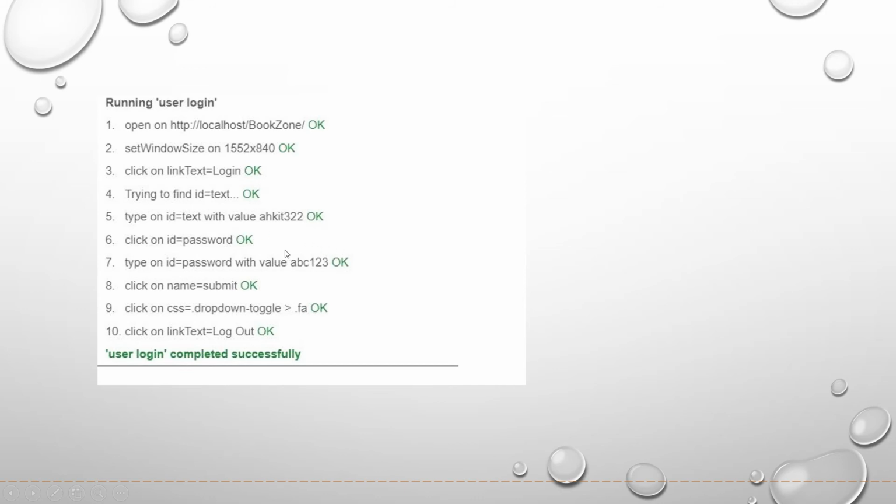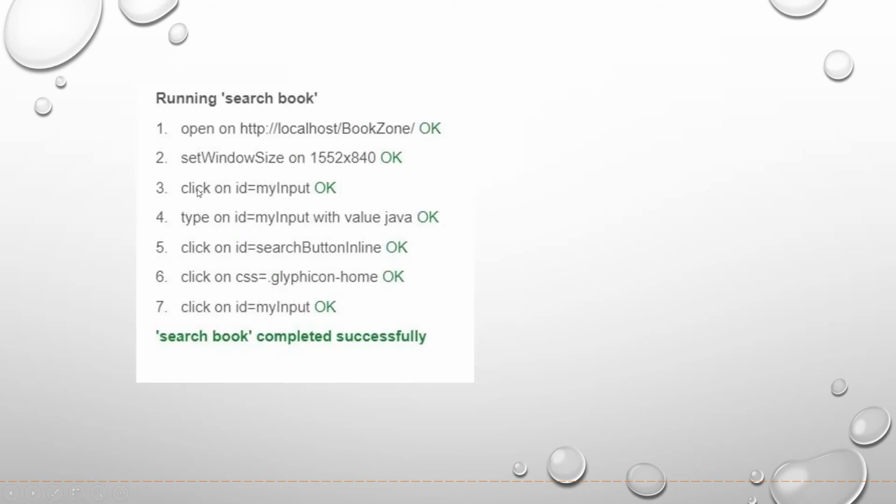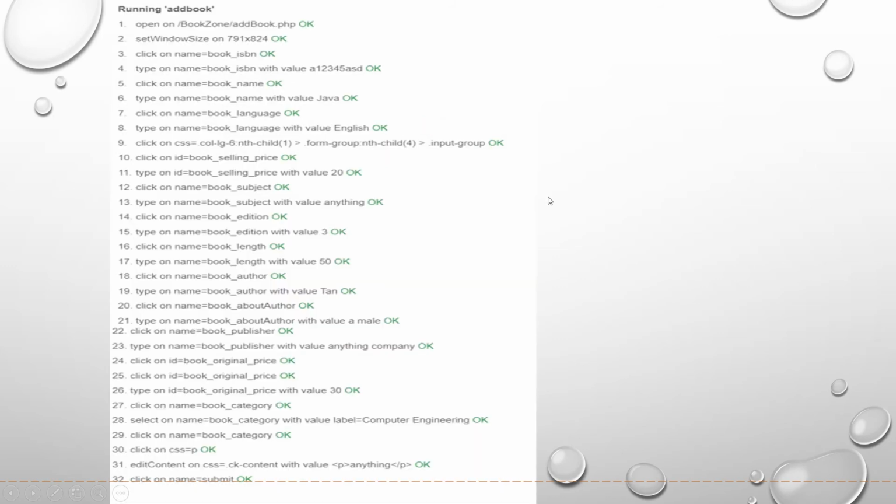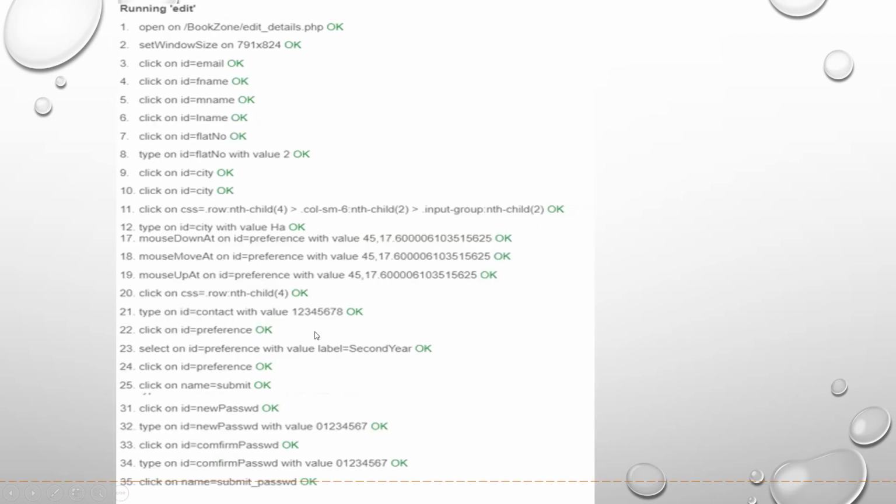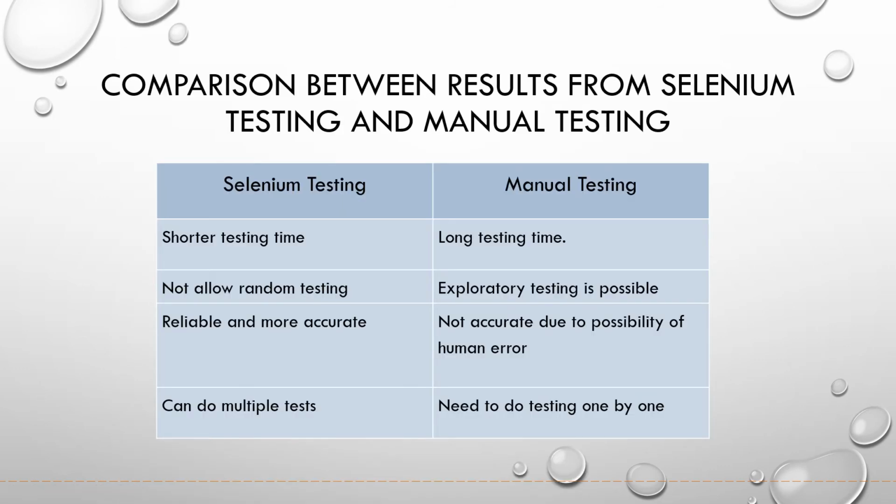The data is also the same as the data keyed in the manual testing. This one is the searching, and this one is add book. Add book has many test data, so the step of this is 32, and this also has many data. The step is 35. This is the test case for the edit user profile and change the password.